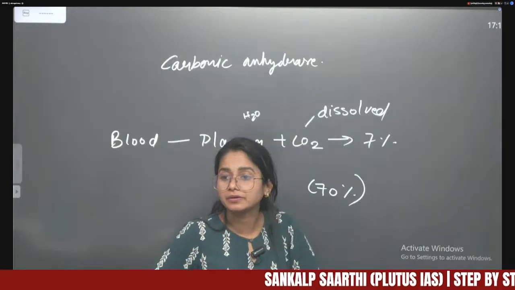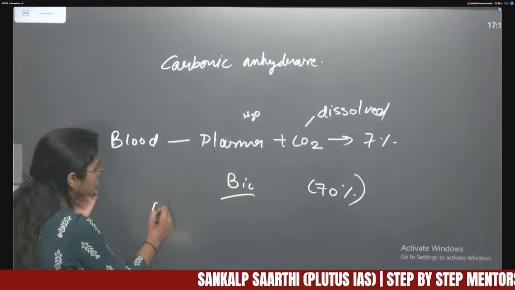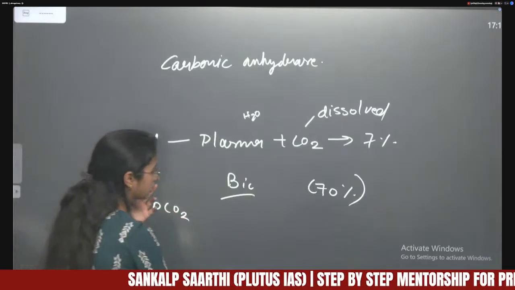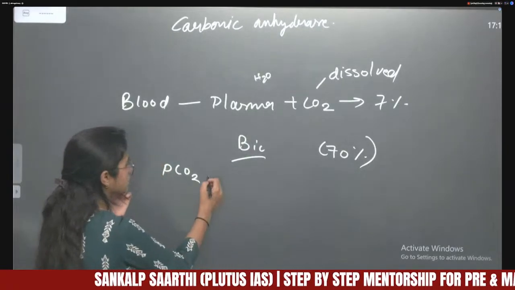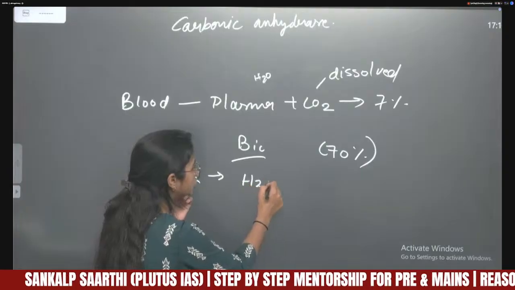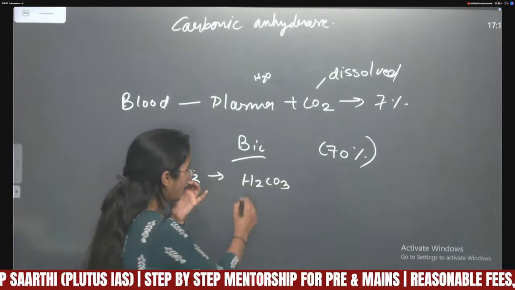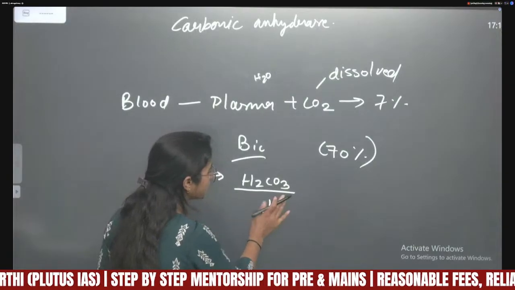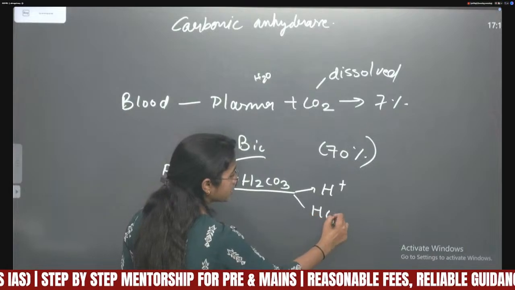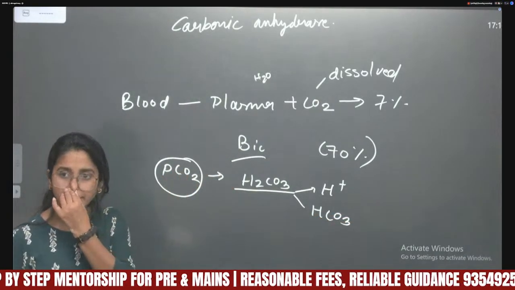So what will happen, guys? Listen, last point here. Now the PCO2 concentration is higher. When the PCO2 concentration is higher, it will bind with the water and form H2CO3, and here it will break down into H plus and HCO3 minus, just because of the presence of CO2.